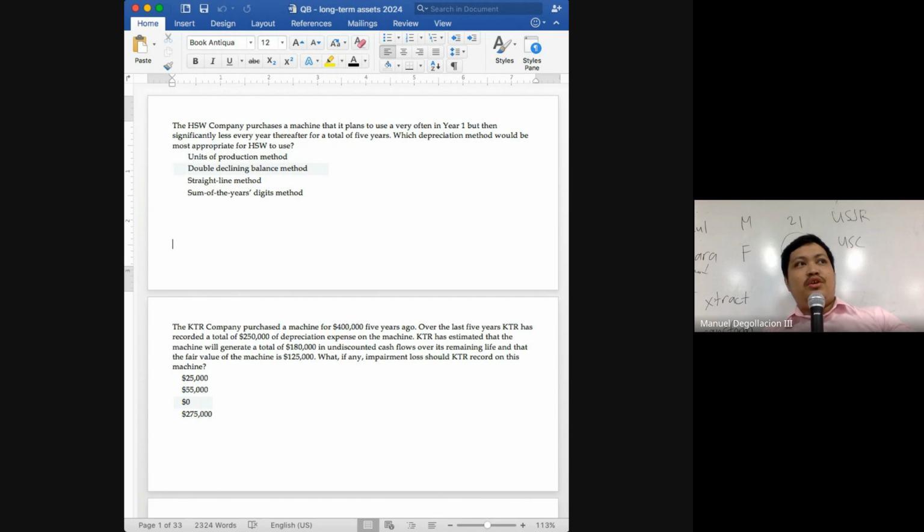So the decrease in the depreciation would be very significant in the subsequent periods. So between the double declining and the SYD, which of the two reflects the pattern of the use of the asset as described in the problem? It would be the double declining. Because it says here, it will be used very often, but then significantly less.